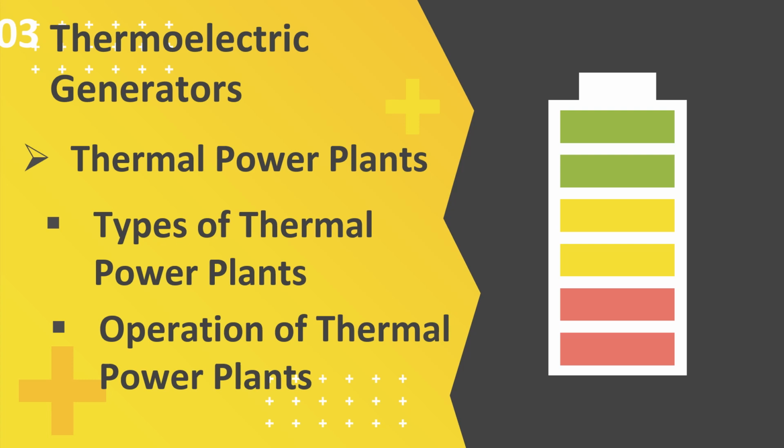Generator: the mechanical energy is then used to rotate a generator, producing electrical energy. Transmission: the electricity generated is transmitted through power lines to homes, businesses, and industries. This process allows thermal power plants to provide a reliable and efficient source of electricity.